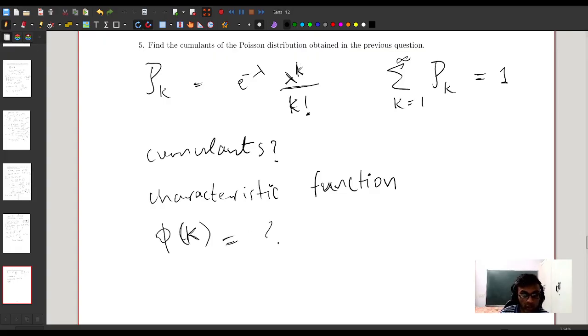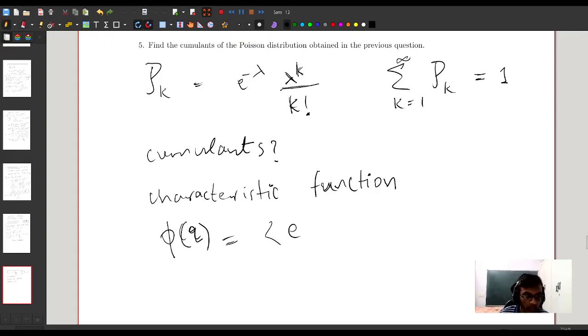It's basically a Fourier transform of it. Let me use a different symbol, q, as the variable in terms of which phi is defined.